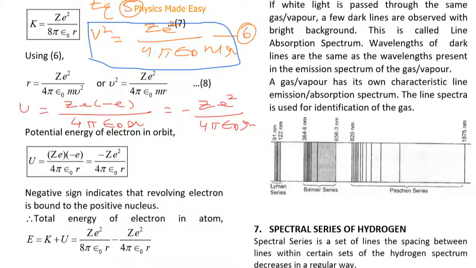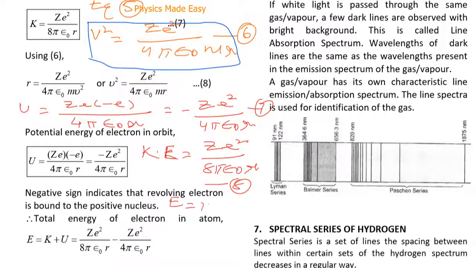So we have already derived the formula for kinetic energy. Let it be equation number 7. Formula for kinetic energy, which is positive, is z e square divided by 8 pi epsilon naught r. This is kinetic energy, equation number 8. Now total energy E is kinetic energy plus potential energy.